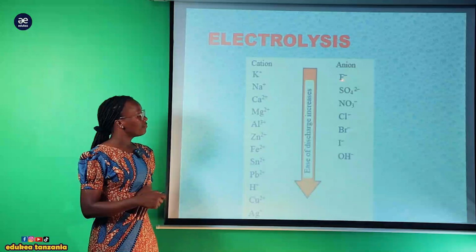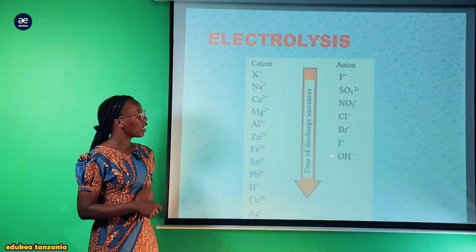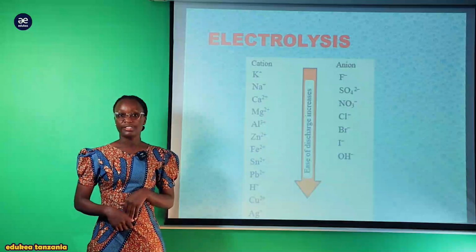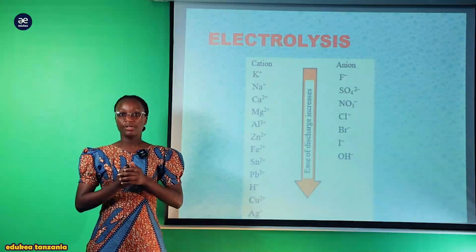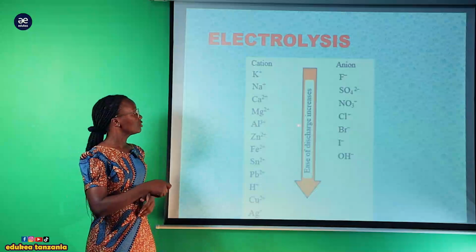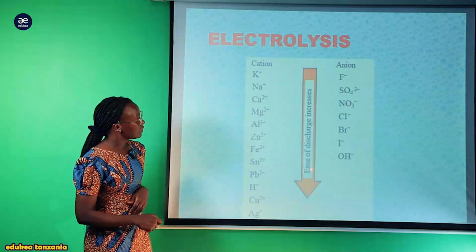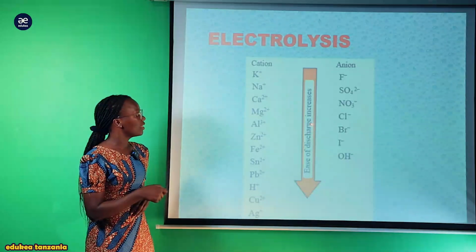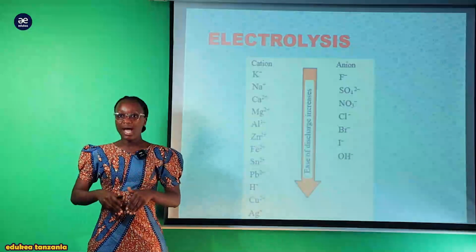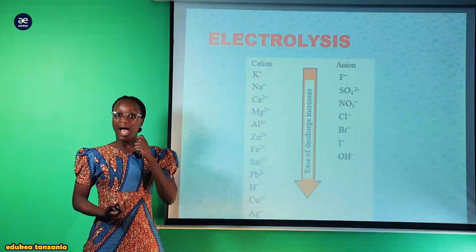And anions we have fluorine, sulfate, nitrate, chlorine, bromine, iodine, and the OH, hydroxyl ion. Now my students, as you see this arrow pointing down, and it is written ease of discharge increases, kwamba as you go down the electrochemical series there is the discharge of ions.